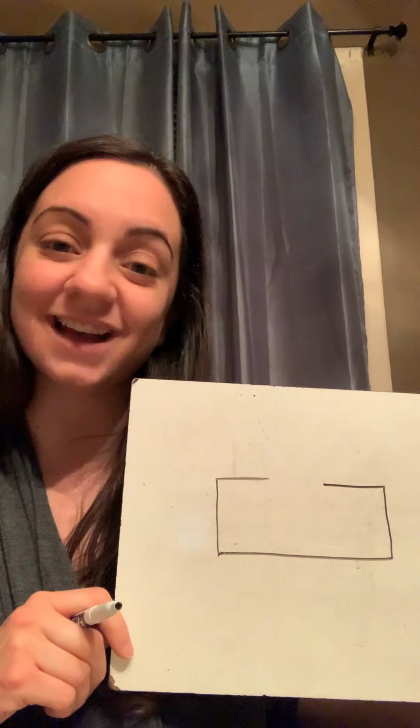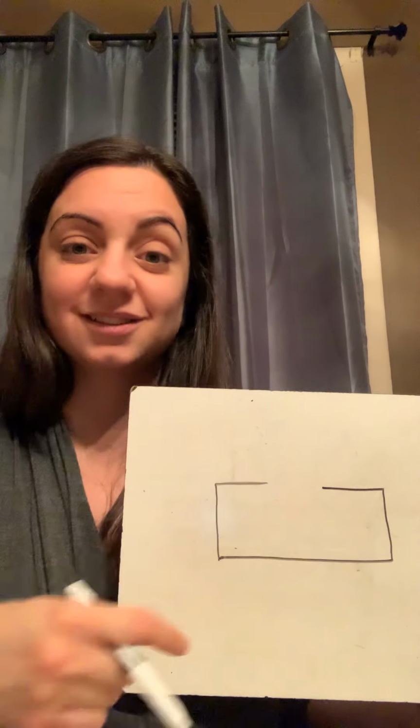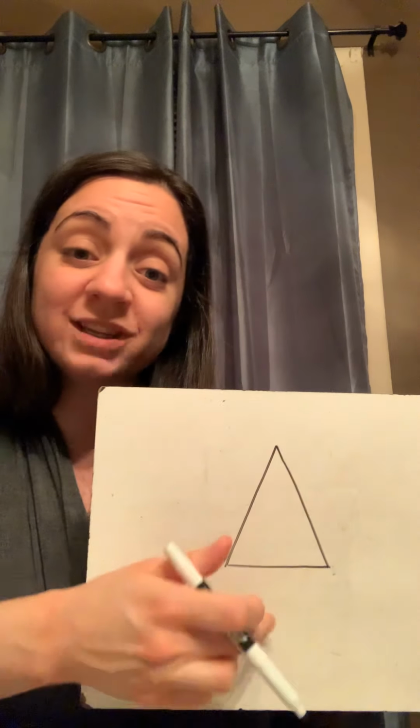Is this a rectangle? I couldn't fool you. It's not. Why is this not a rectangle? That's right, because it has an open side. Good job. Is this a rectangle? No. Why? Yeah, it only has 3 sides.